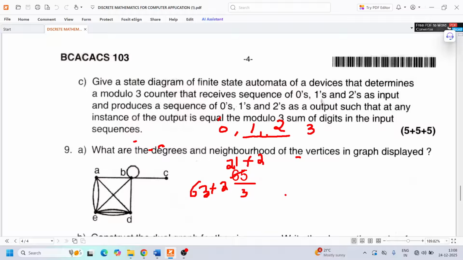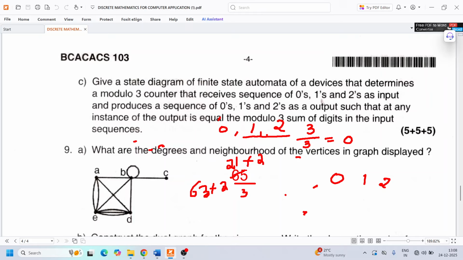You cannot get the remainder as 3, because 3 will completely divide 3 by itself, so the remainder is 0. So the remainder is either 0, 1, or 2. That means this counter can give you 0 or 1 or 2. It cannot give you more than that.